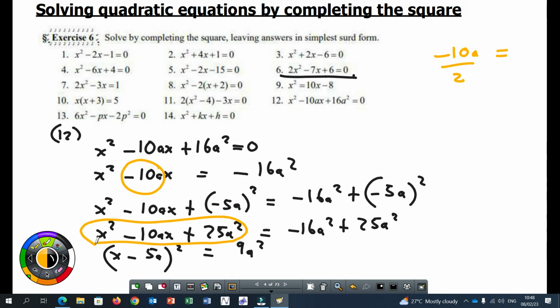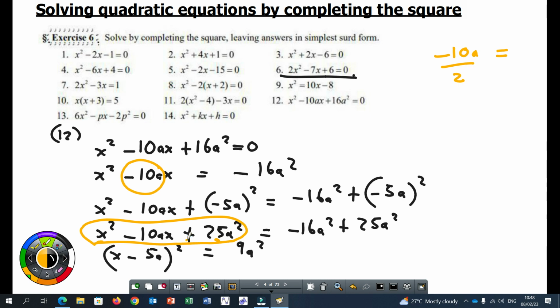Okay? So I think the issue is that in the past, your teachers didn't tell you that there's a special type of trinomial which is called a perfect square trinomial. When you factorize it, you always get two binomial factors that are the same. But how do you know that it's a perfect square trinomial? Look at the first term and the third term. They are perfect squares. There is a minus here and a plus there. That's a second characteristic.